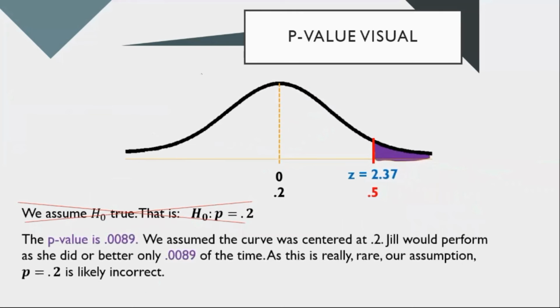So this p-value of 0.0089, to sum it all up here: we assumed the curve was centered at 0.2, but Jill's performance, assuming she was just guessing, would only occur with probability 0.0089, that p-value. Since that's really, really rare, it's a strong indicator that our assumption that the curve should be centered at 0.2 is incorrect.